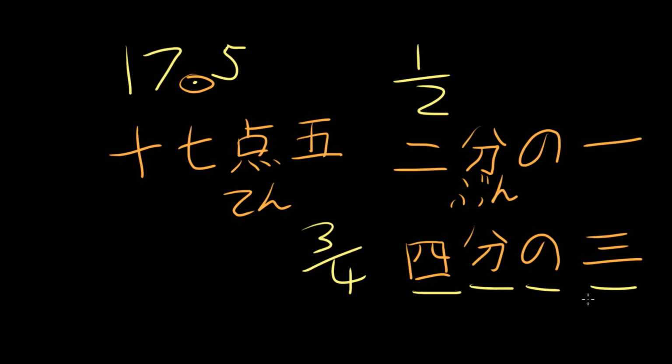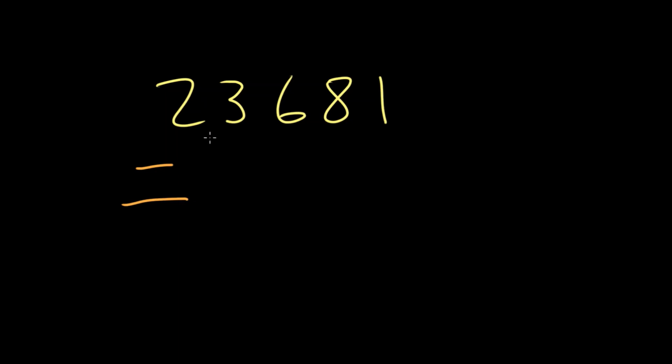So just finally, using what we've learnt, let's try to write or pronounce this number. 23,681. So we start from the left. There's 2. So there's 2 something, isn't there? What is that something? Remember what 10,000 is? Man. So ni man san.